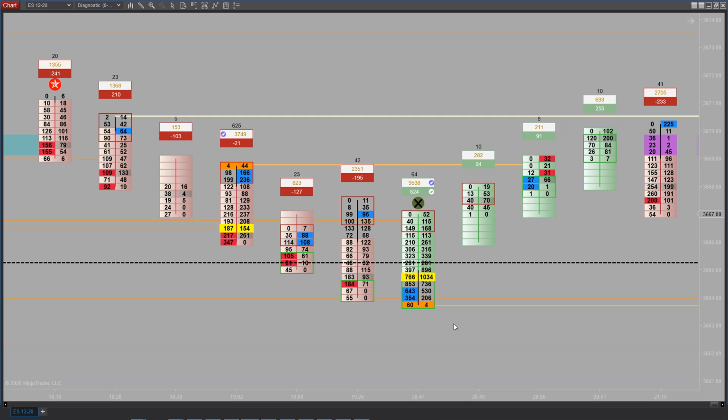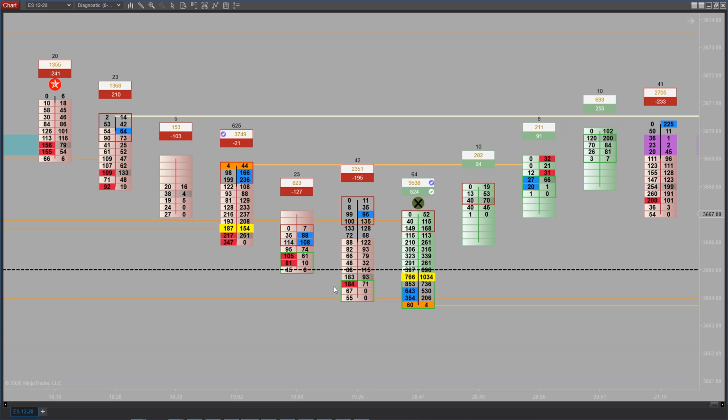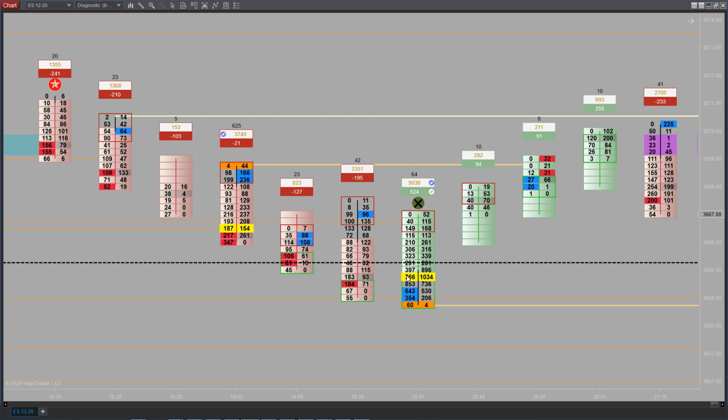Does that make logical sense why that's powerful? When you're combining all of those? A previous weak area, a previous rejection area. The market gets exhausted when it gets to that previous weak area. Look at the number of orders here, right? 105, 81, 45, 67, 55, boom. 700, 850, 643, 343, 60, rejected.